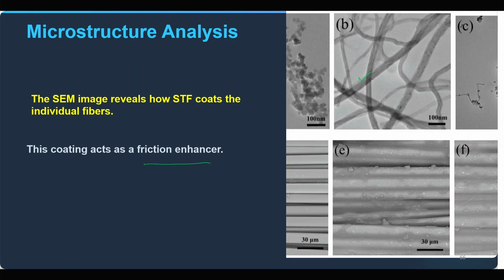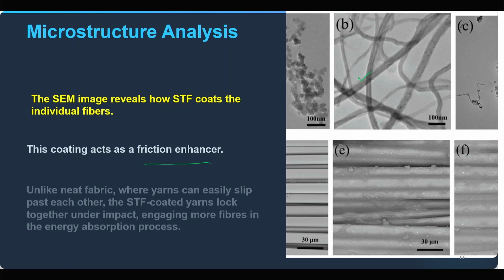So, if we use the STF coating on the individual fiber, that will increase the friction between the fibers. That will enhance the yarn pull out resistance, which is very important for stab resistance testing or maybe for bulletproof test vest.